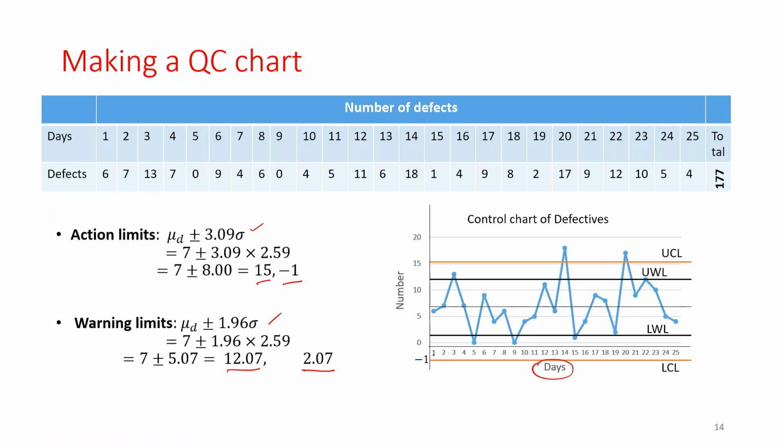We started with day 1 and have gone up to day 25. The warning limit and action limits we have plotted as per what we found out. So these are the UCL, upper control limit, and upper warning limit. Similarly, LWL or LCL, we can write them.